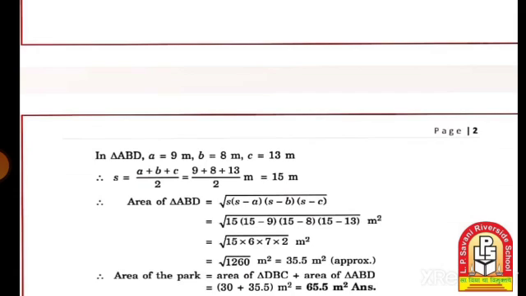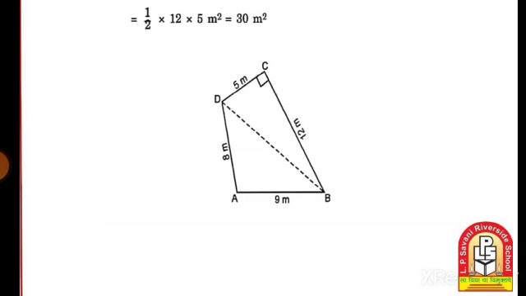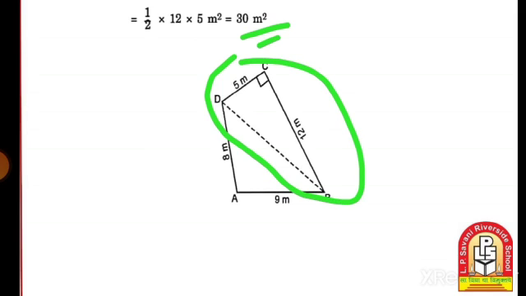Now use these values in the triangle ABD. We have already found the area of DBC using the Pythagoras equation and 1 by 2 base into height.